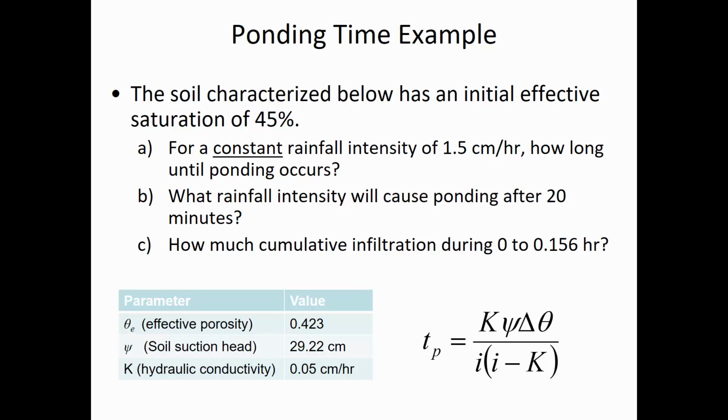The way that we can solve this is by rearranging the equation to solve for I. The same T sub P equation, but if we solve for I, then that's I squared minus I times K on the left side, and the right side is K times psi, delta theta, and T sub P. So that is 0.05 centimeters per hour for the hydraulic conductivity.